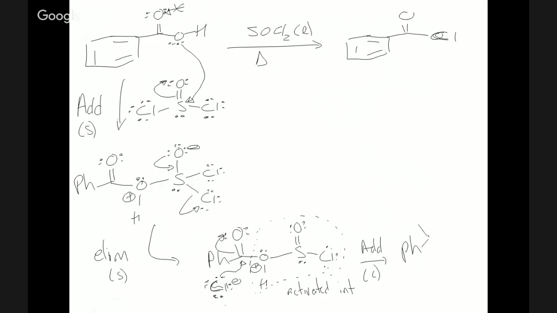We get another tetrahedral type of intermediate. Here's our Cl. Here's our leaving group. O minus zwitterionic species. This eliminates, I'm going to show it like this, elimination at carbon now.